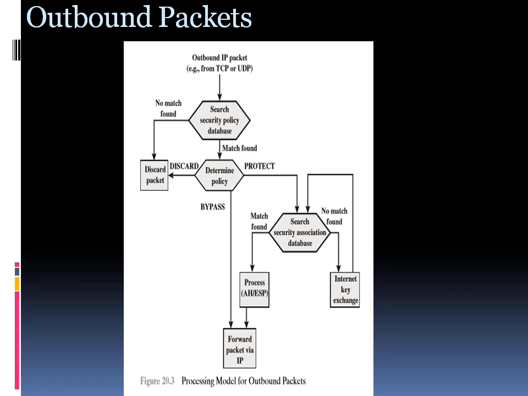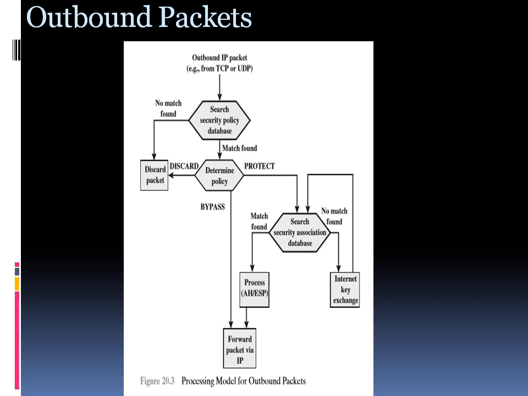If the policy for this packet is discard, then the packet is discarded. If the policy is bypass, then there is no further IP processing and the packet is forwarded to the network for transmission. There is another possibility, that the policy can be protect. In that case, a search is made of the SAD for a matching entry.